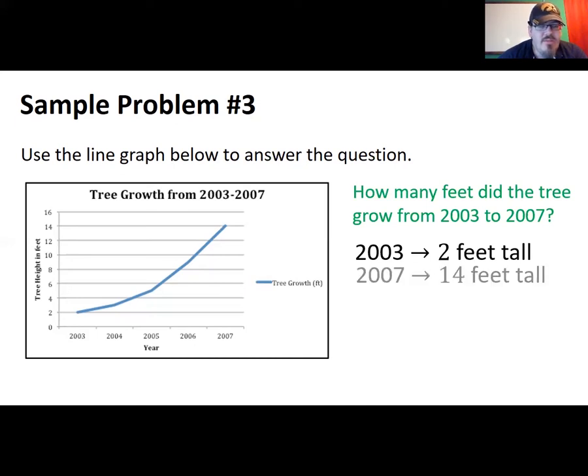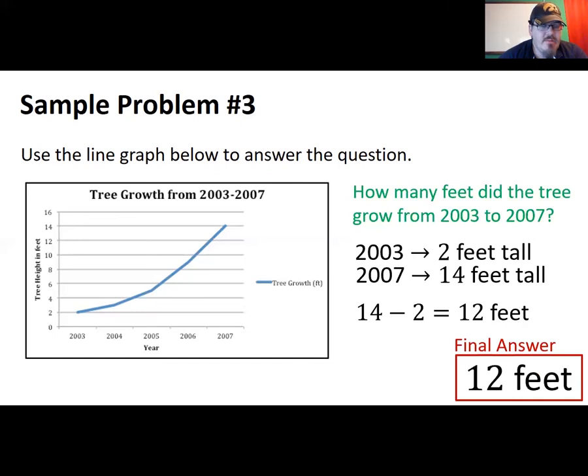In 2007, the tree was 14 feet tall. So again, if we want to find out how much the tree grew, we're going to have to do some subtraction. So we basically find the largest value minus the smallest value, and we come up with a solution of 12 feet. And that's the answer we're looking for. That's how much the tree grew during that period of time.